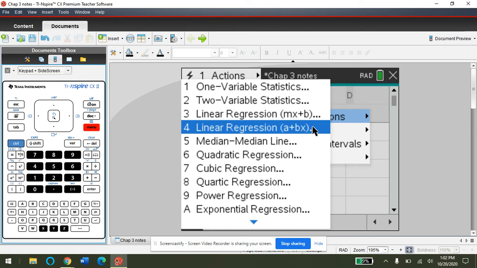The grown-up way to handle statistics, the AP way and all the colleges, everybody else uses a plus bx. So this is the one we use. Keep in mind, your slope is still attached to the x, which we'll deal with next lesson, but we're going to pick this a plus bx every time.